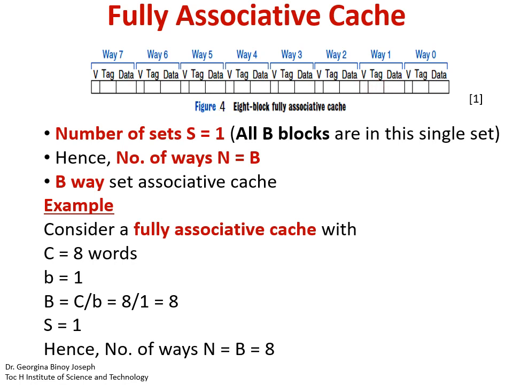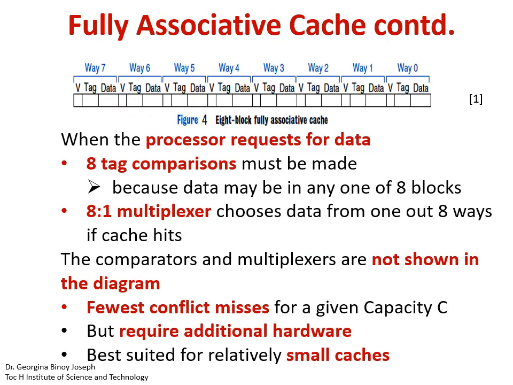This means that you need 8 sets of equality comparators and AND gates, an 8-input OR gate for the final hardware comparison, and then an 8:1 multiplexer. Those things are not shown in this diagram. So when the processor requests data, 8 tag comparisons must be made because the data may be in any one of the 8 blocks.